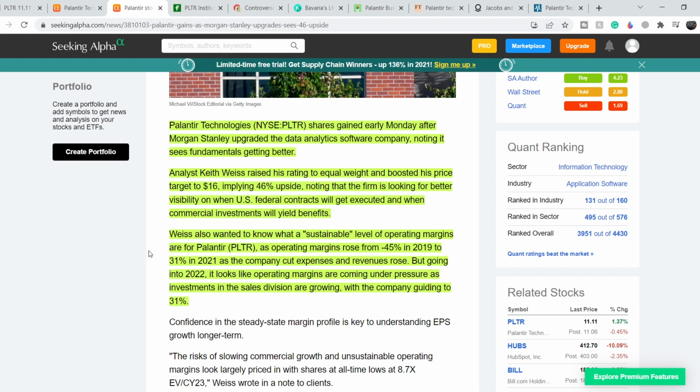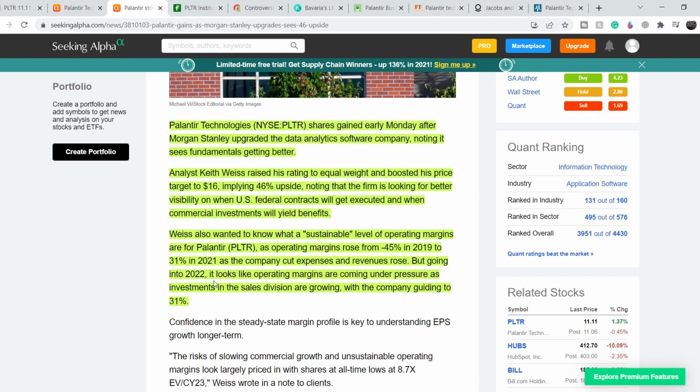Analyst Keith Weiss raised his rating to equal weight and boosted his price target to $16, implying 46% upside, noting that the firm is looking for better visibility on when US federal contracts will get executed and when commercial investments will yield benefits. Weiss also wanted to know what a sustainable level of operating margins is for Palantir, as operating margins rose from negative 45% in 2019 to 31% in 2021, as the company cut expenses and revenue rose.